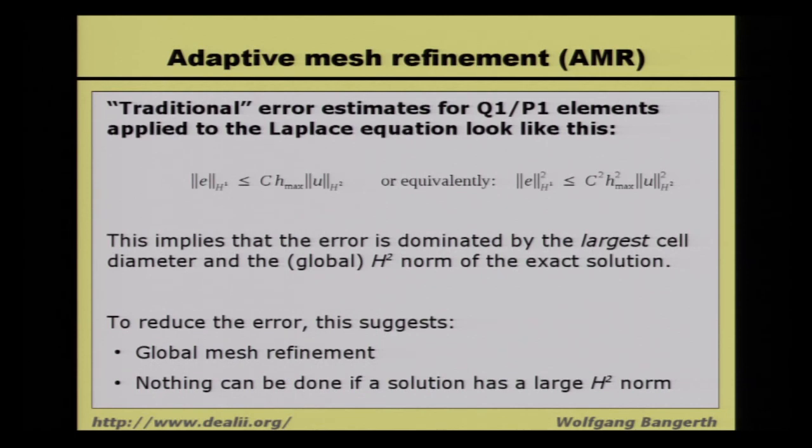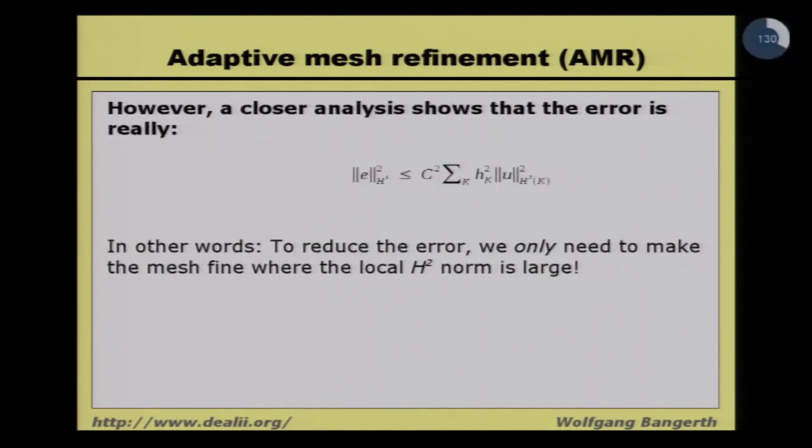But if you look at this a little bit closer from a mathematical viewpoint, and you go through the analysis of the error, what you find is that a sharper bound on the error is something like this.